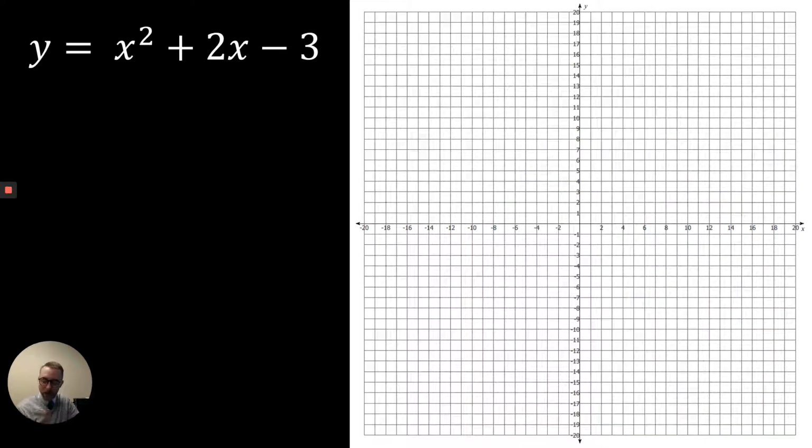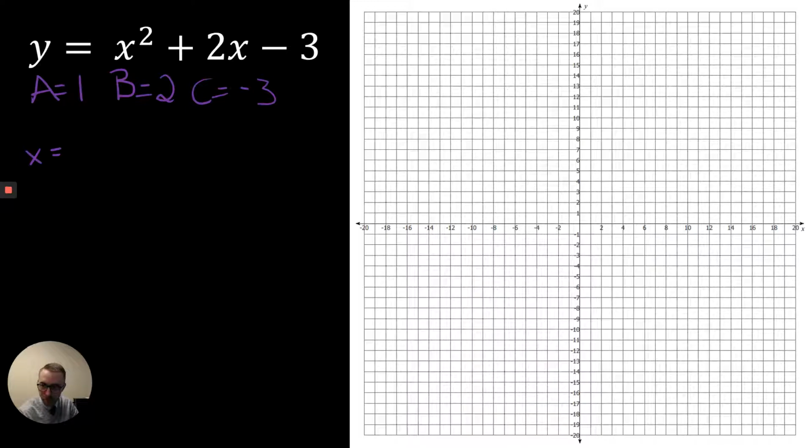So let's practice this with a quadratic function here. The first step is to identify your A, B, and C. Here my A is 1, my B is 2, and my C is negative 3. These are my three values that I'm going to use. And then I'll write out the whole quadratic equation.